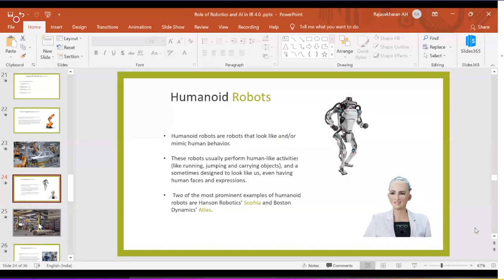You could see that these robots repeat the task, and there is no human intervention needed. This is what we call pre-programmed robots.